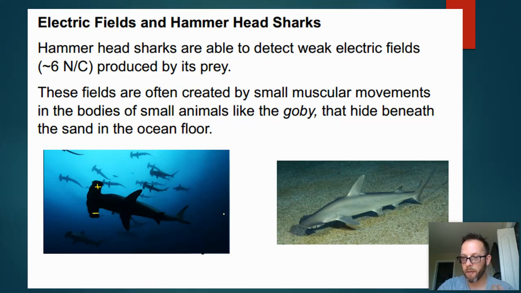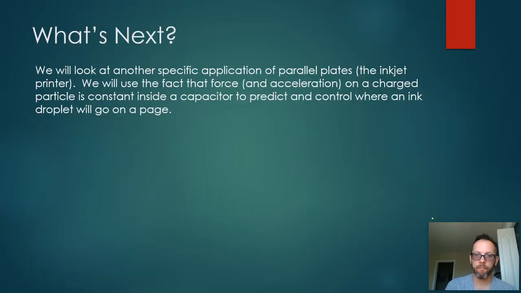Because if we think about how our muscles work, it's all from electric signals from our brain to our muscles. Because of the hammerhead shark's design, it can detect those weak electric fields, with a strength of about 6 newtons per coulomb. That's why it can hunt for goby that hide beneath the sand on the ocean floor: if it's close enough, it can detect the electric field given off by that fish. So that's pretty cool.